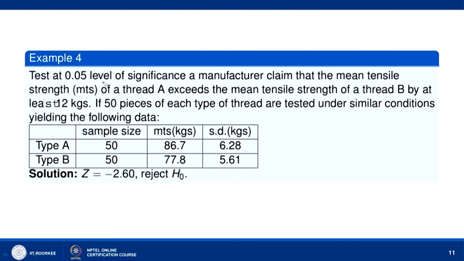Test at 0.05 level of significance the manufacturer's claim that the mean tensile strength of thread A exceeds the mean tensile strength of thread B by at least 12 kgs.